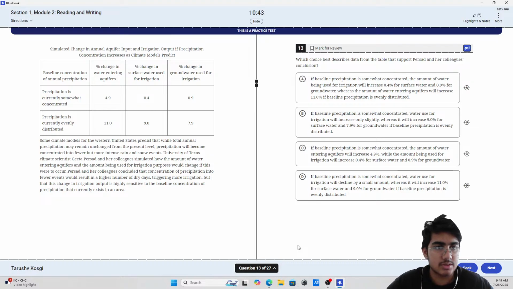Which choice best describes data from the table that support Prasad and her colleagues' conclusion? If baseline, so their conclusion is concentration of precipitation into fewer days will result in a higher number of dry days.